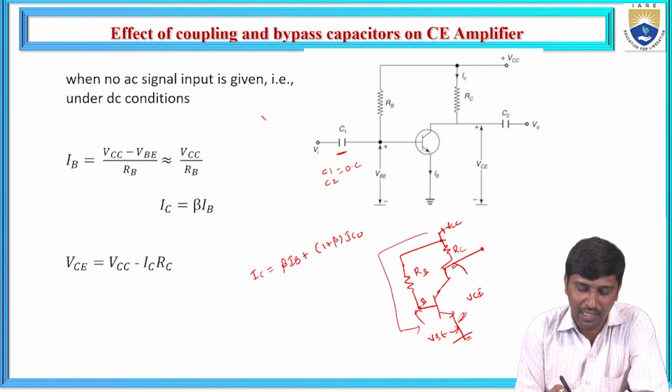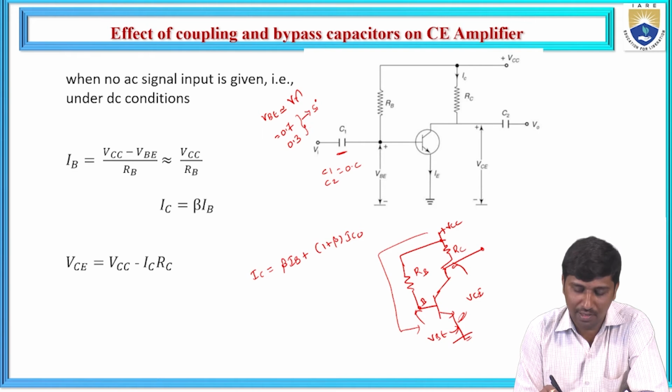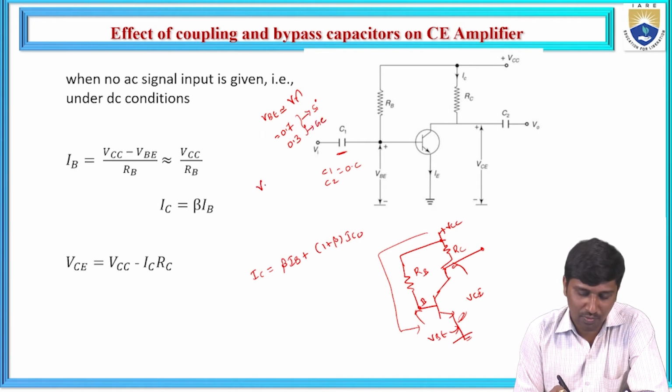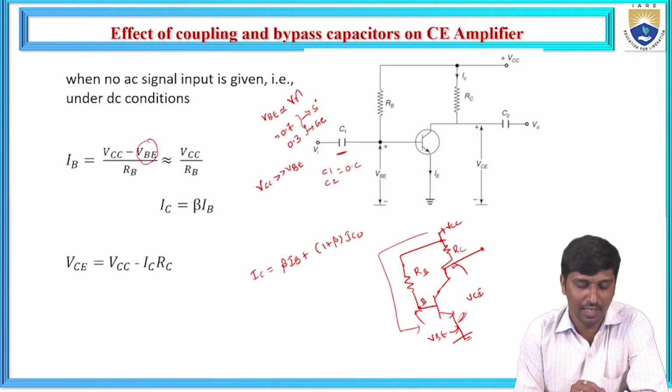In general, the VBE is approximately equal to the cut-in voltage of that particular junction. We know that the cut-in voltage is 0.7 for silicon and 0.3 for germanium. Let us assume that VCC is much greater than the VBE parameter, so I neglect this VBE ideally.